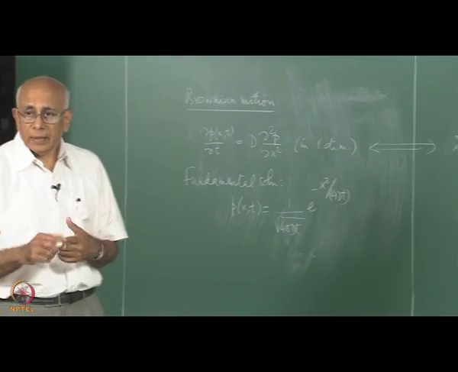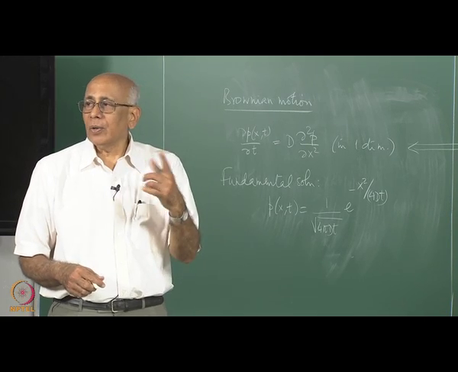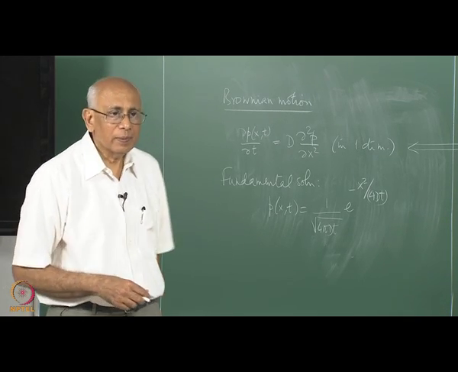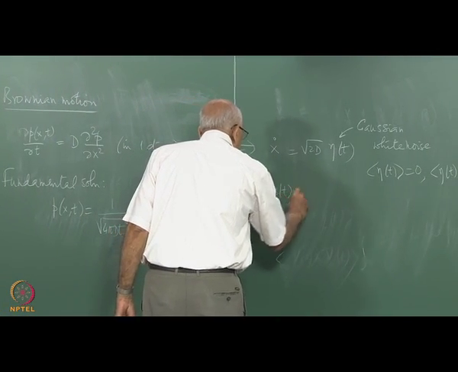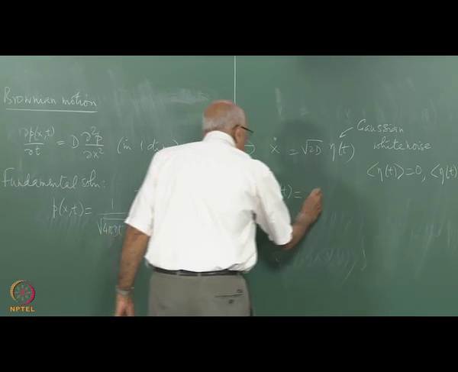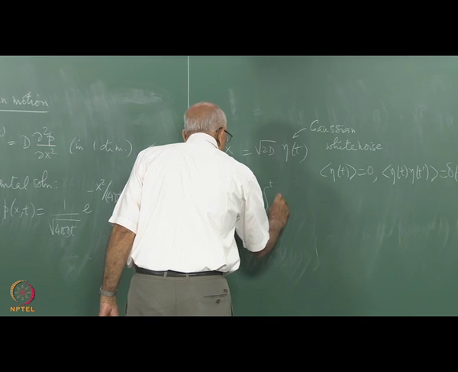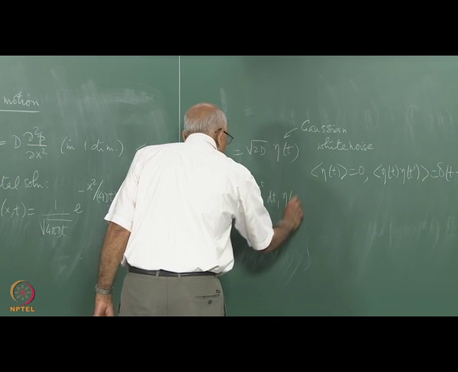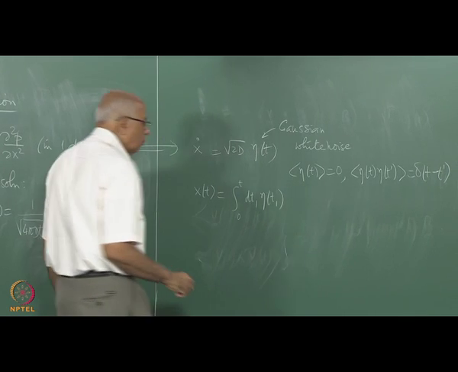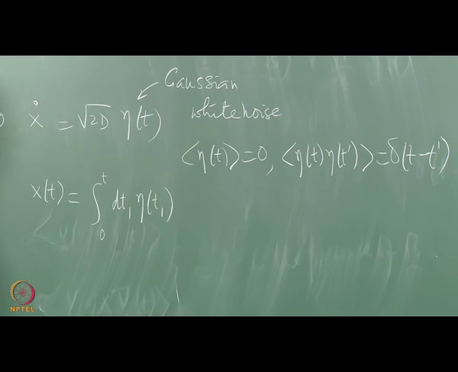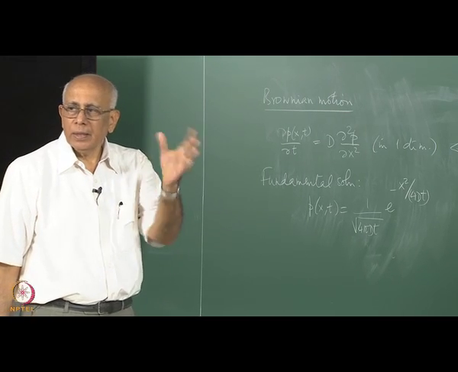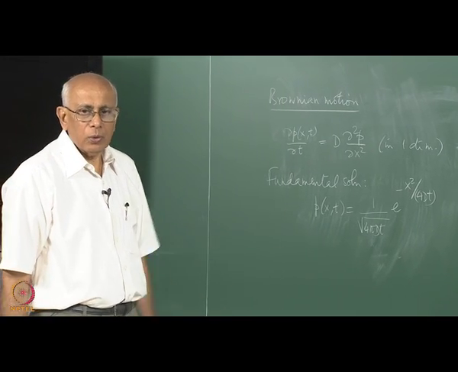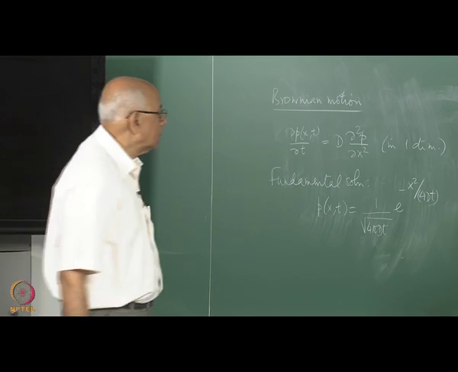So this process x is the integral of white noise, if you like, because you could write x of t equal to an integral from 0 to t dt1 eta of t1. Formally one can write it in this fashion. For particles which start from the origin at t equal to 0, this is the formal solution to this equation.